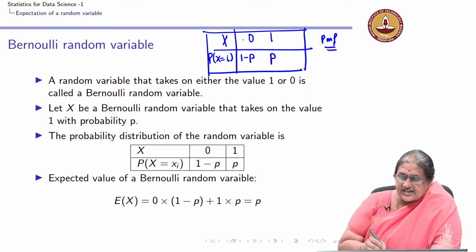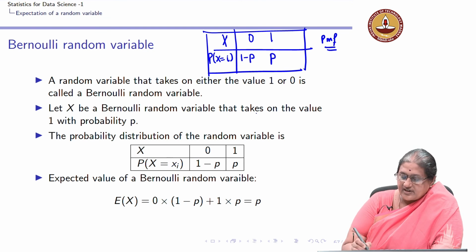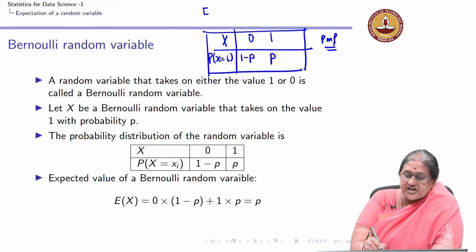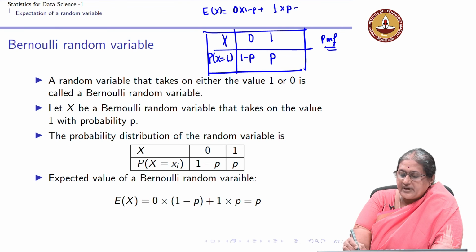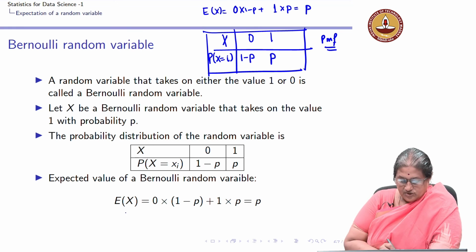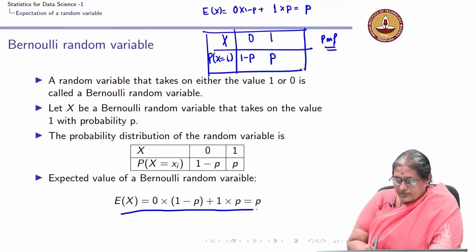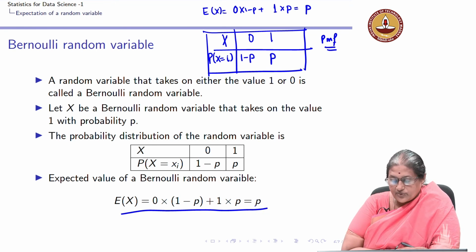Now, if this is the probability mass function, then the expectation of this random variable, which takes the value 0 with probability 1 minus p and value 1 with probability p, is equal to p. So, the expected value of a Bernoulli random variable is equal to p.